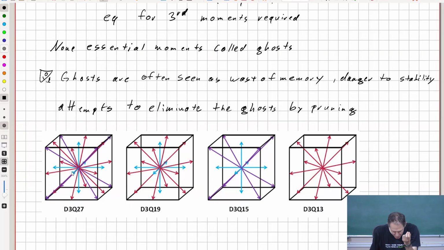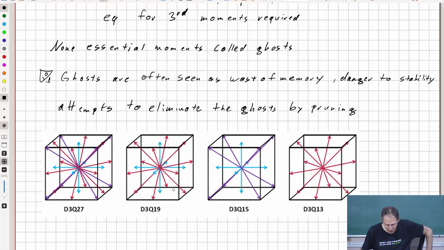It's basically a cube which has velocities on the faces, on the edges, and in the corners. Now you could derive different lattice Boltzmann methods by taking away some of the speeds. So for example, you arrive at the D3Q19 method if you leave out the corners. You can also leave in the corners and leave out the edges. And there's also a method that only has the edges and not the faces. So this here is pretty difficult to work with actually.